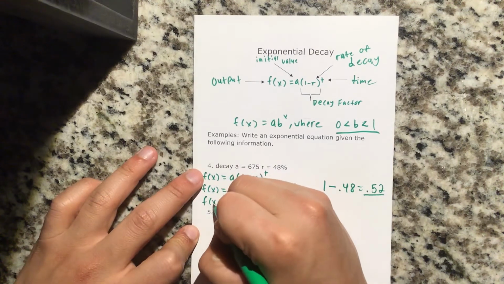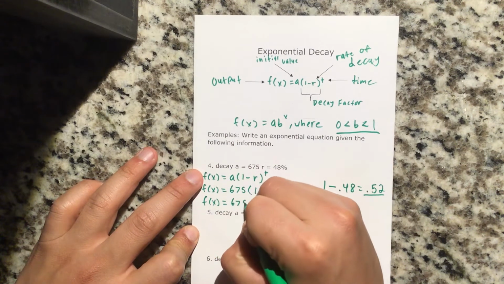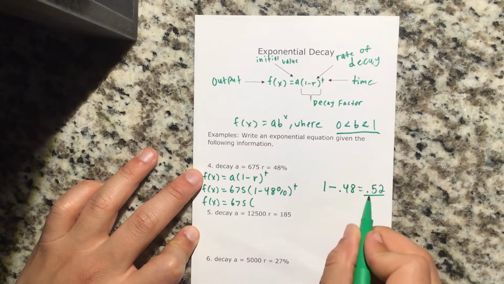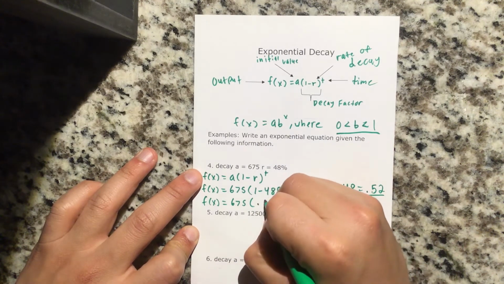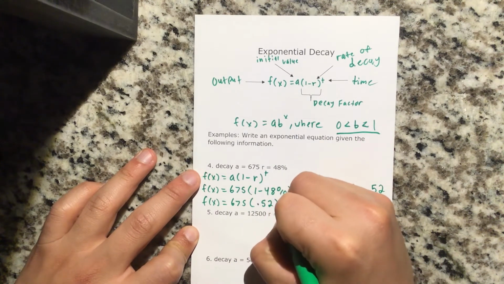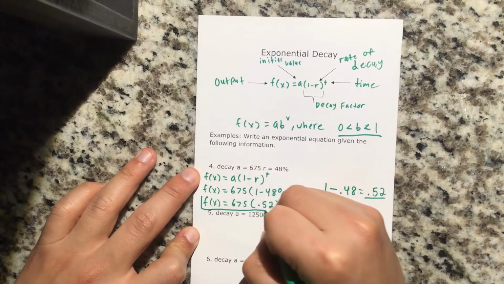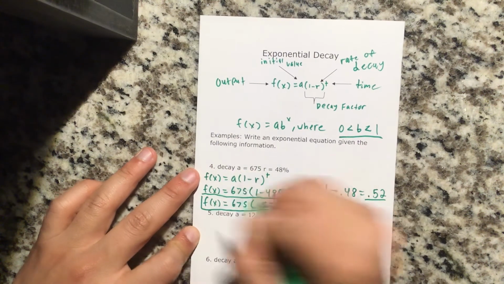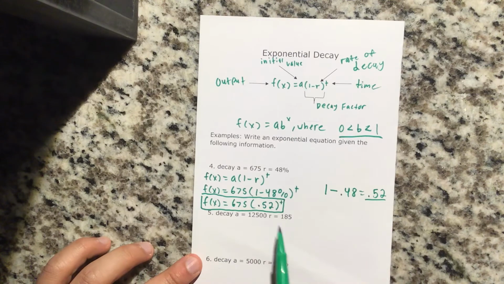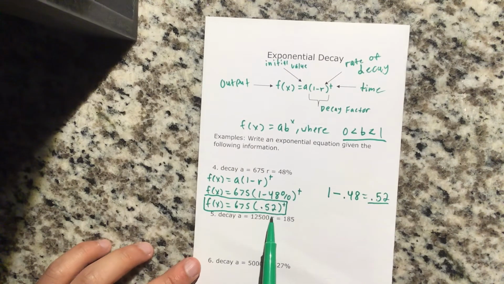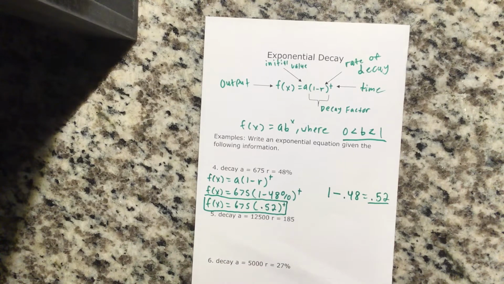So I get f of x equals 675 and then now my new decay factor is 0.52 to the t power. Okay, and there we go. So y'all can see my decay factor, my b value, this one is in between 0 and 1, right? It's 0.52, okay? It's not greater than 1 and it's not less than 0. It's in between. So this is a decay, okay?